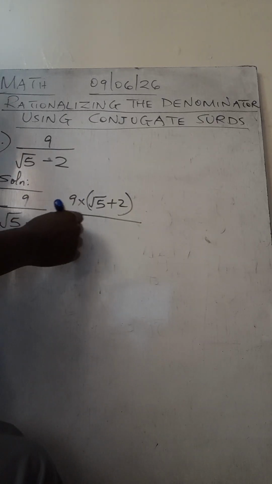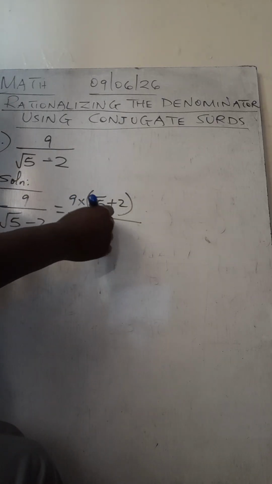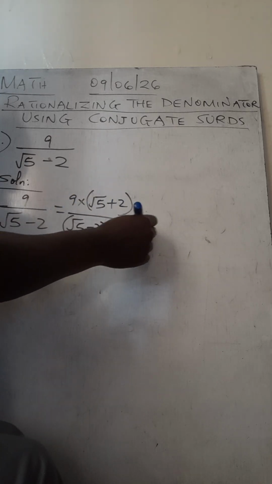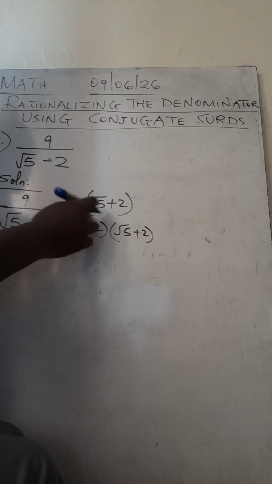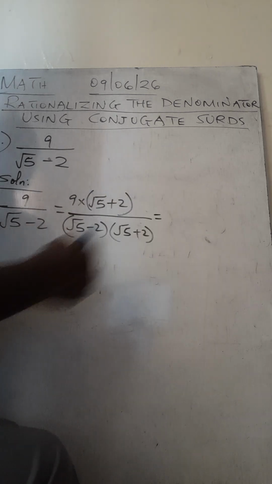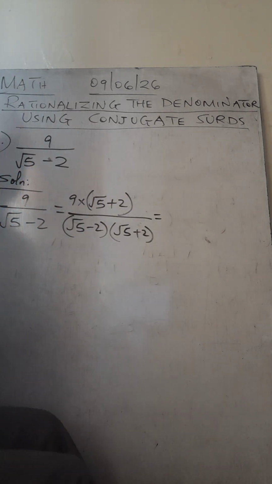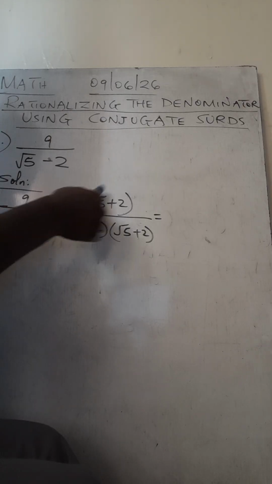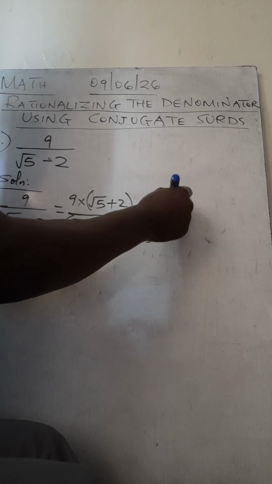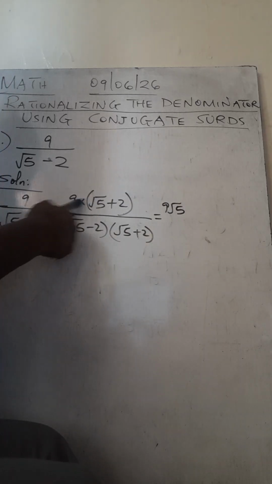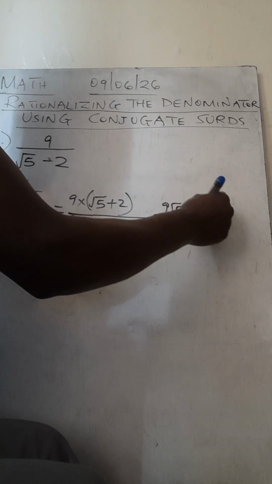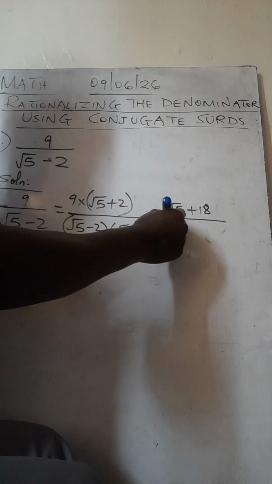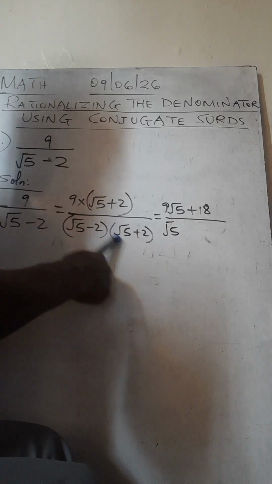And this one is root 5 minus 2 times its conjugate surd, which is root 5 plus 2. Now times 9, multiply 9 by root 5, you get 9 root 5. 9 times 2 is 18. Then this is root 5 times this bracket.